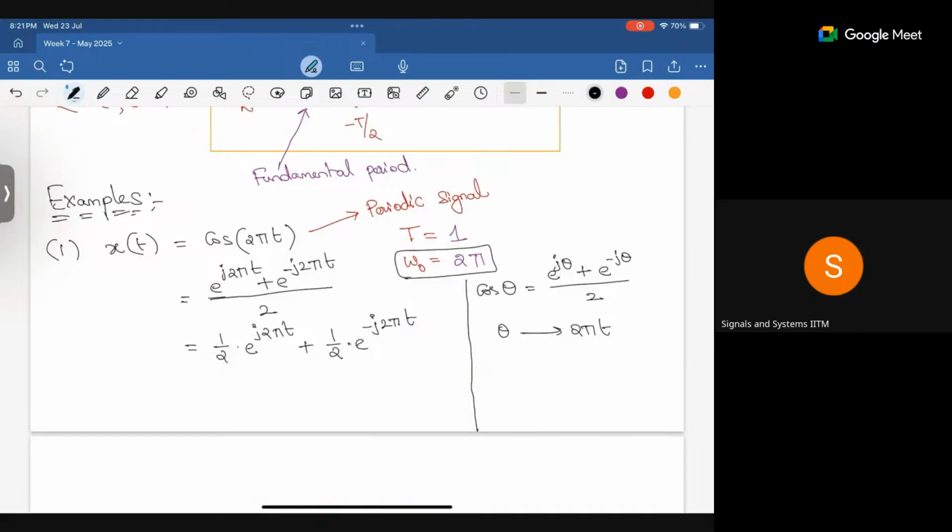So I have to separate out j, 2 pi and t, and whatever is left will be k. In the first expression, you see j, 2 pi and t. If I exclude all three, what is left? 1.